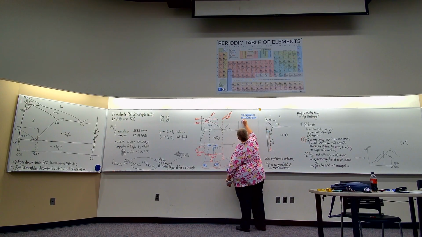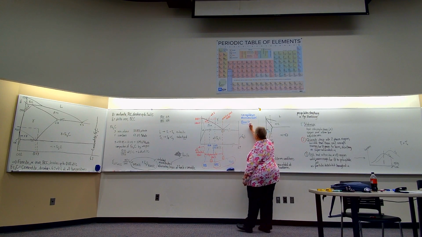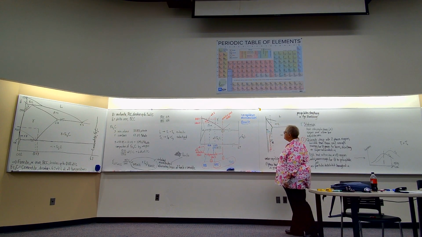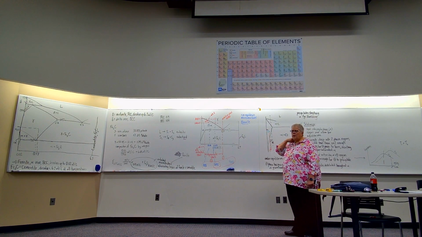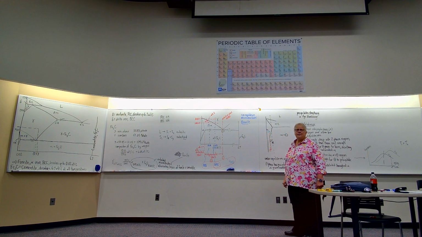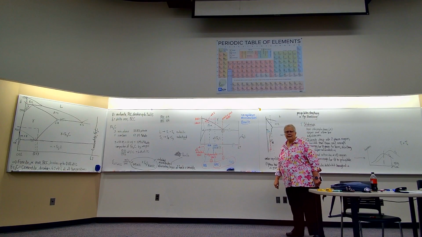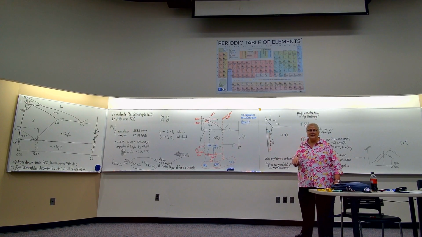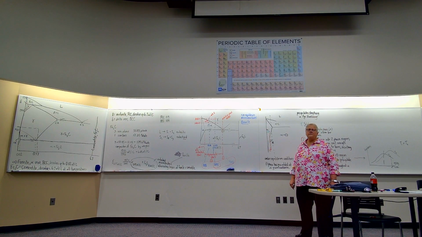The first is called bainite. If we cool so fast that there's not time for carbon to diffuse into layers, like in pearlite, it instead diffuses into something like needles.